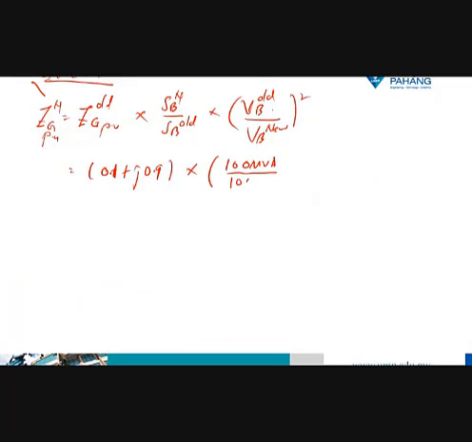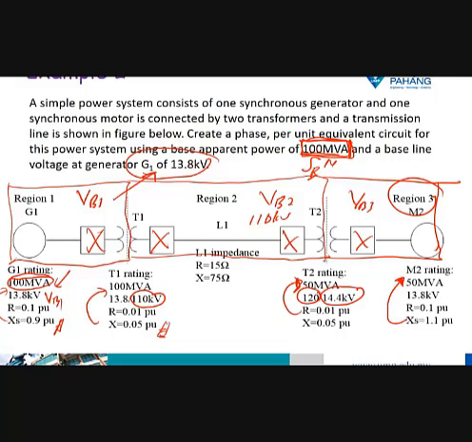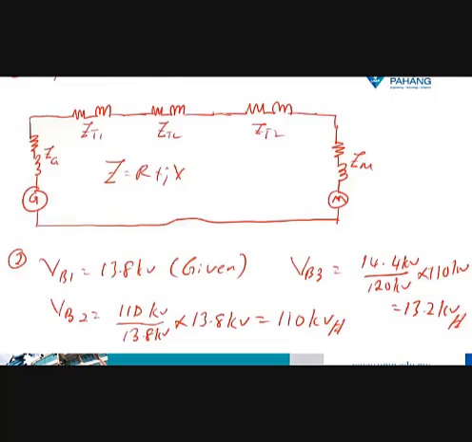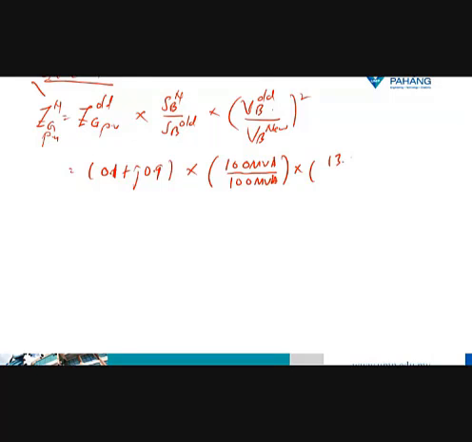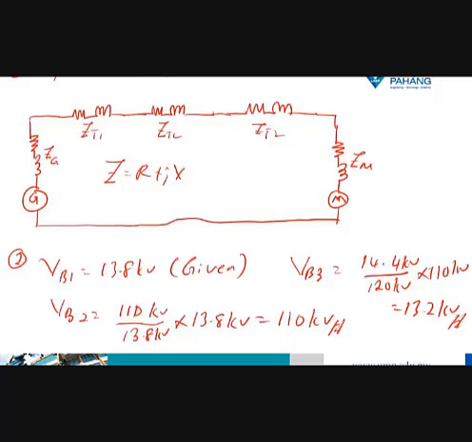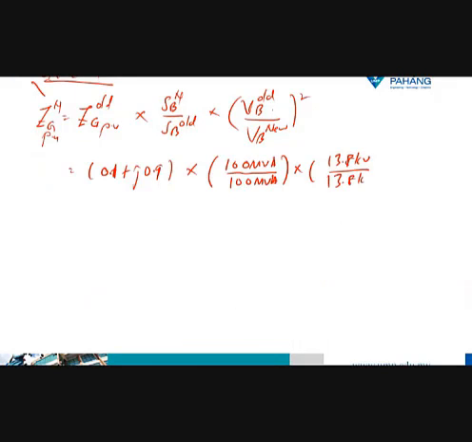Then times V base old, which is 13.8, over V base new, also 13.8 kV, squared. We can cancel it out. We will get the same answer, 0.1 plus j0.9 per unit.